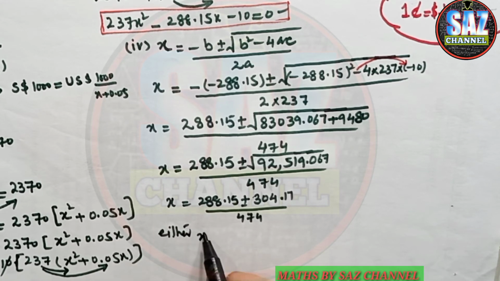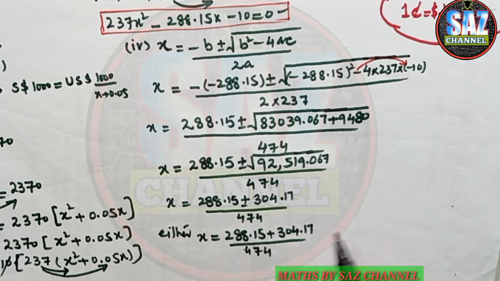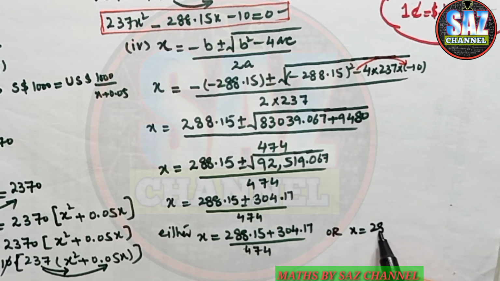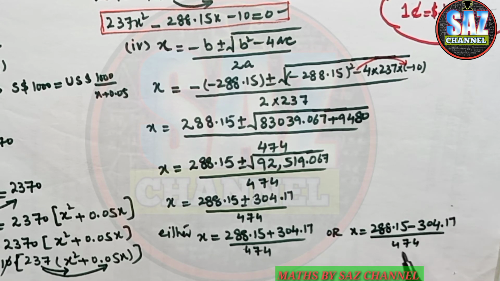Now in order to solve this equation, I have to apply the either-or condition. Either x will be equal to 288.15 plus 304.17 upon 474, or x equal to 288.15 minus 304.17 upon 474.